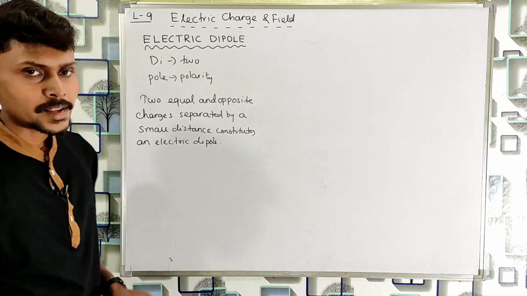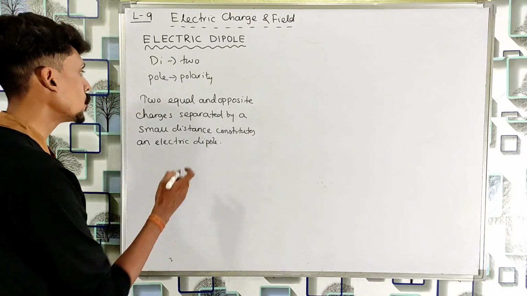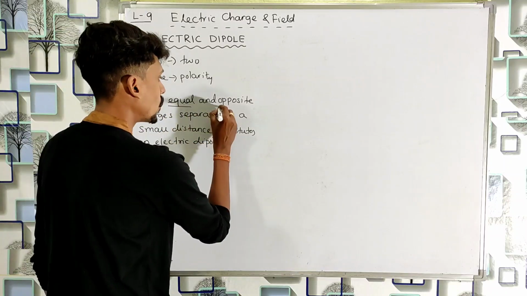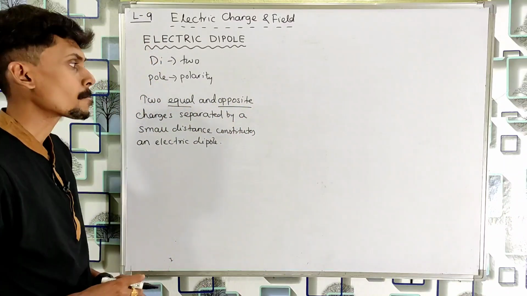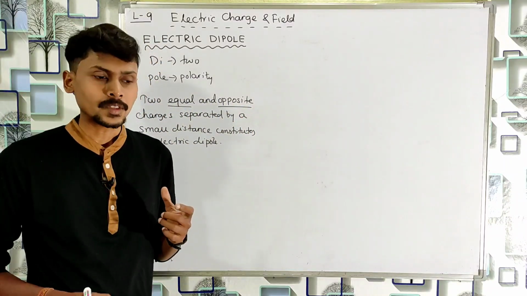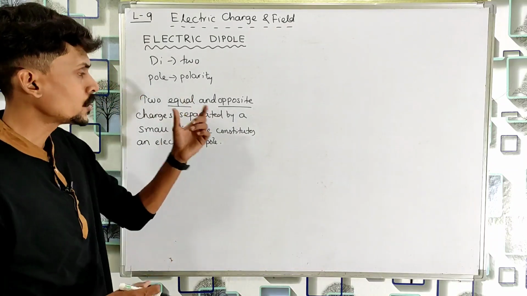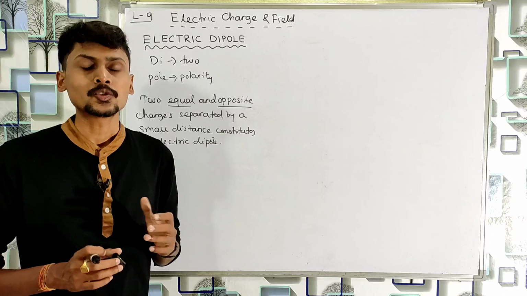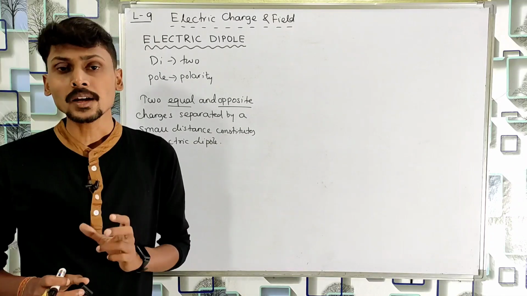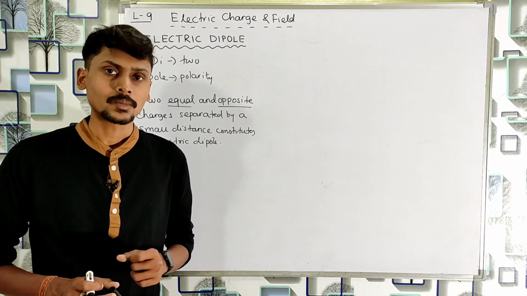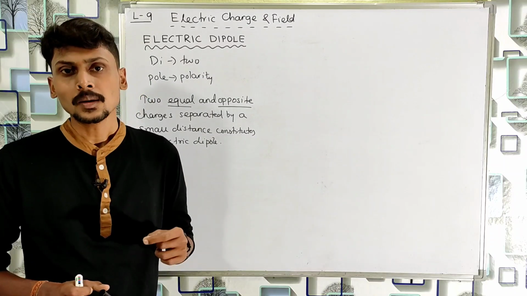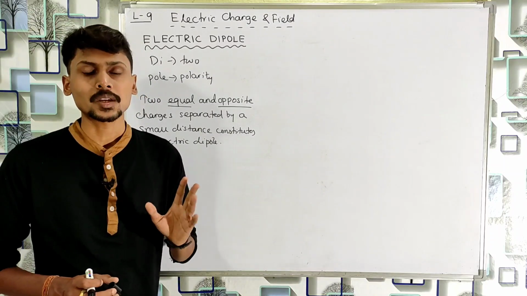Means in an electric dipole we have two equal and opposite charges. Equal means the magnitude of the two charges should be same, and opposite means their polarity should be different. We have to take two unlike charges, positive and negative, but their magnitudes should be same.